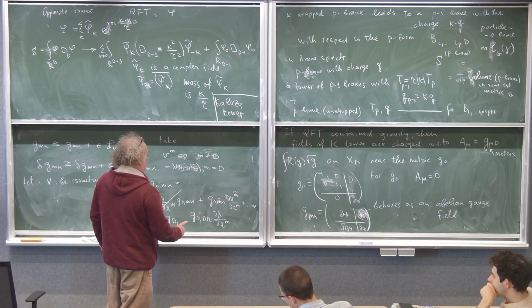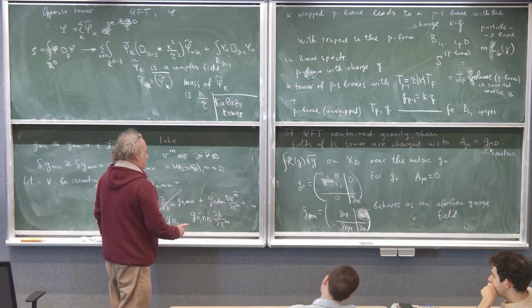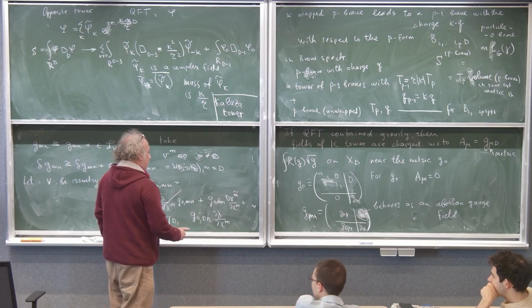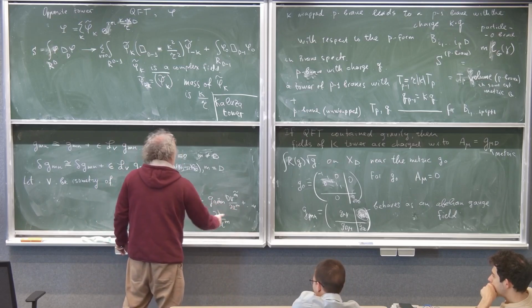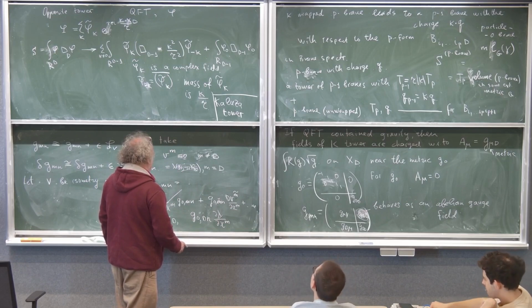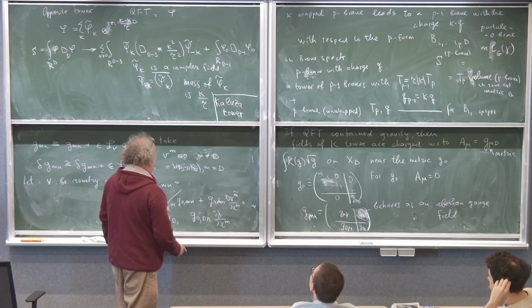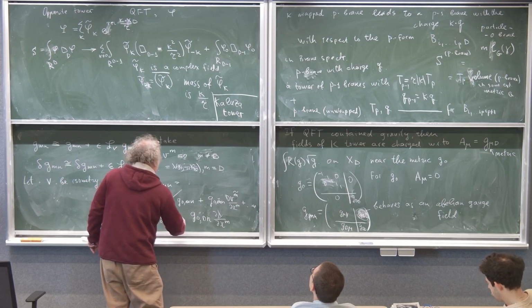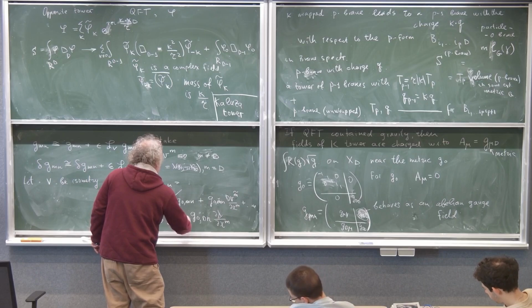I have some problem with the indices. I have m n here. And I think it's the variation of g dm.